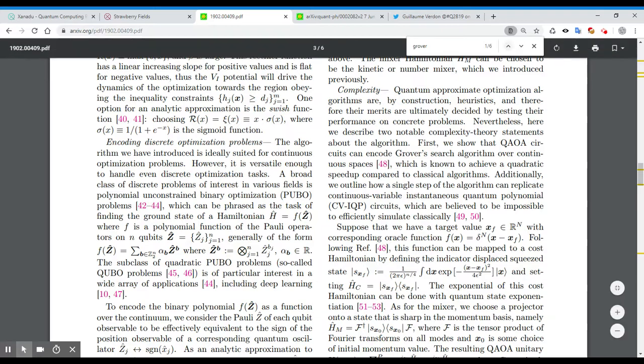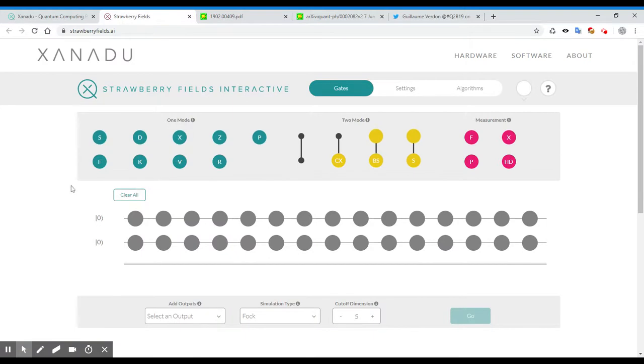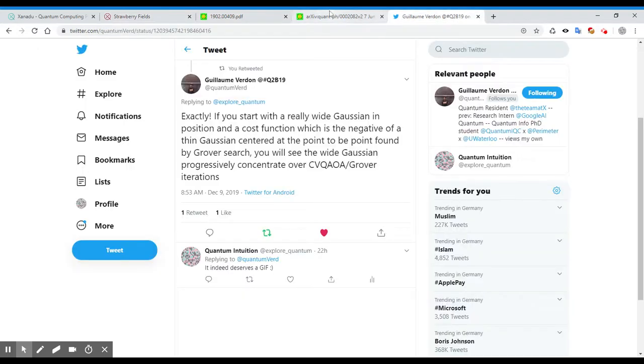Okay. So here, suppose that we have a target value. Let's say, and we're gonna do this with the interactive, let's say we wanna target something like 3. Yeah, maybe 3.